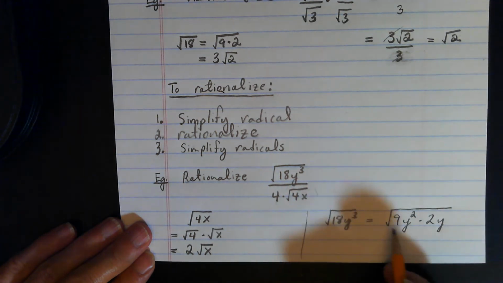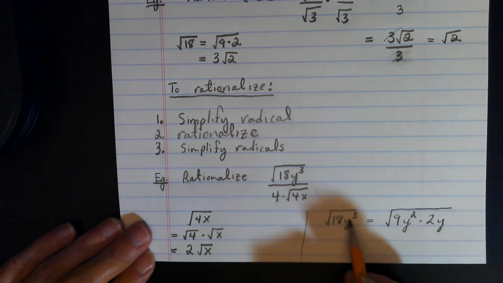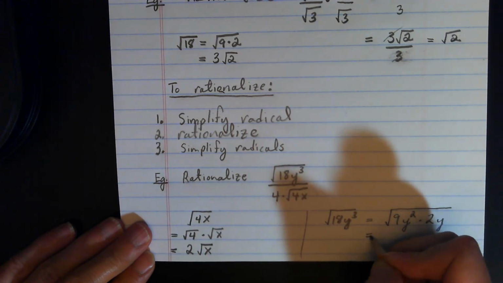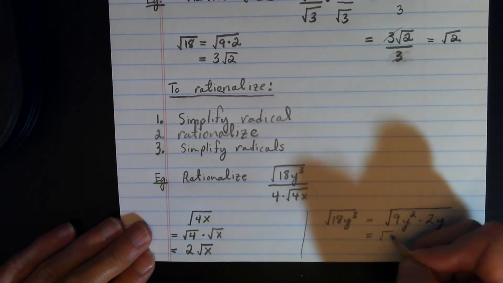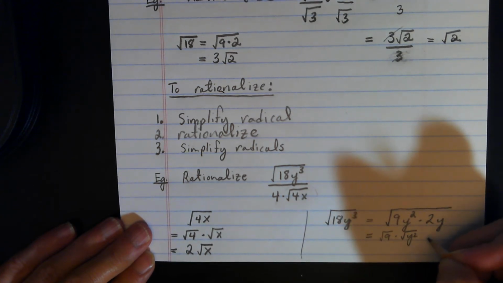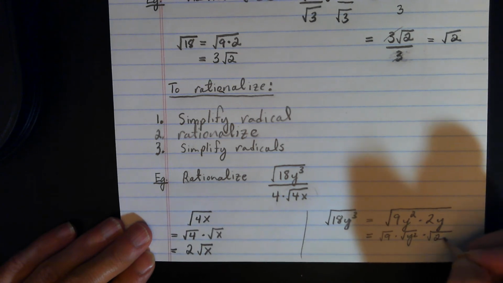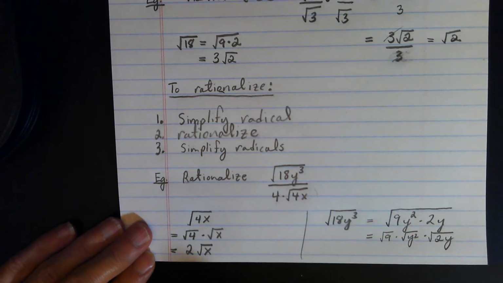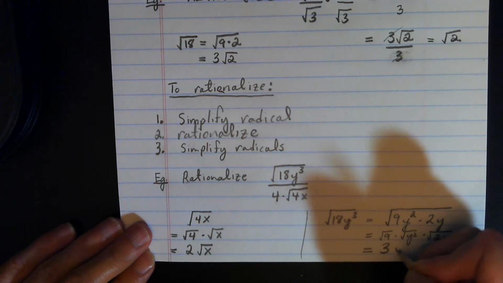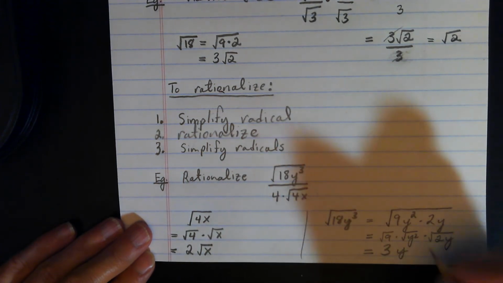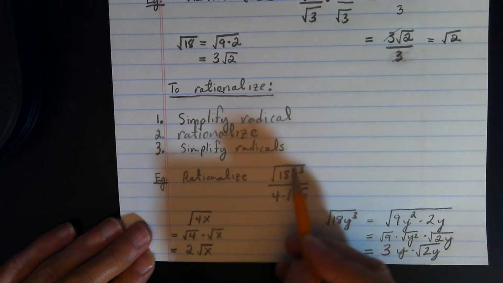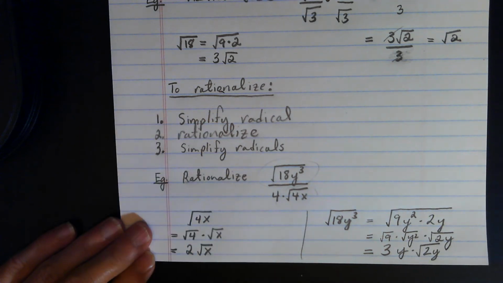And so again, 18 is 9 times 2, and y cubed is y squared times 2y. And then you could break these into separate radicals. This is the square root of 9 times the square root of y squared times the square root of 2y. And then the square root of 9 is just 3. Square root of y squared is y times the square root of 2y. Okay, so we'll replace this with that.